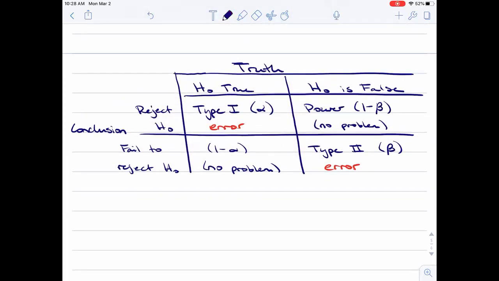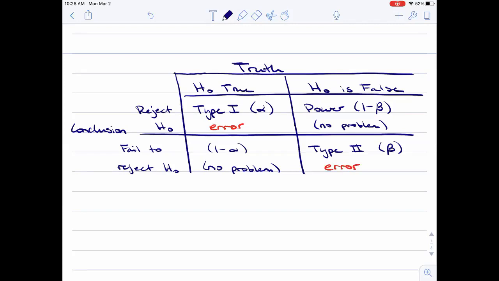How I finally had to get a handle on these things is just memorizing this table and going from there. Because from this, whatever situation you're talking about, you should be able to tell yourself, okay, if I reject H naught but H naught is true, then I've made a type 1 error.